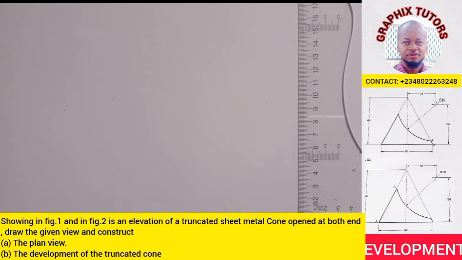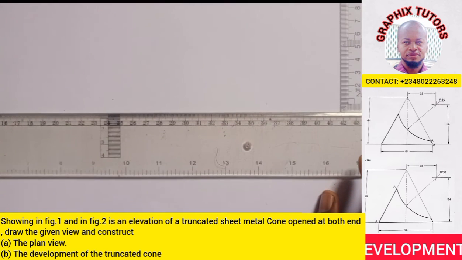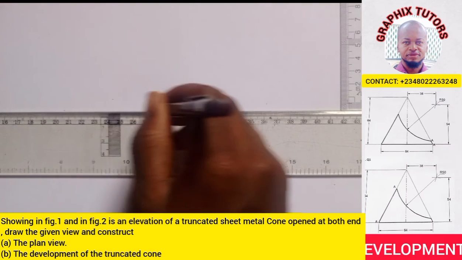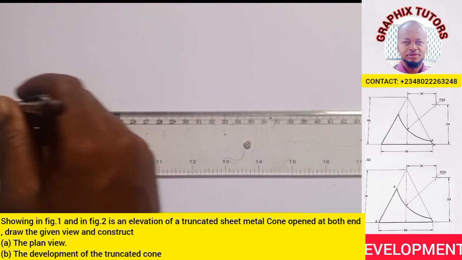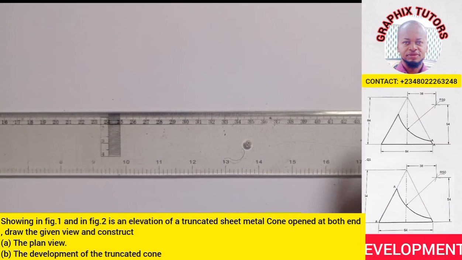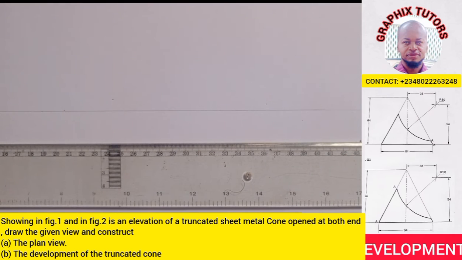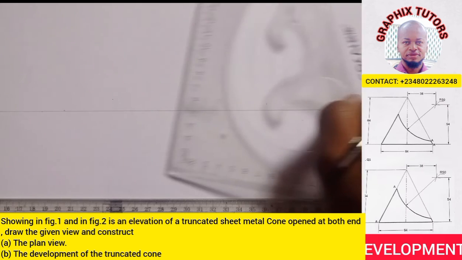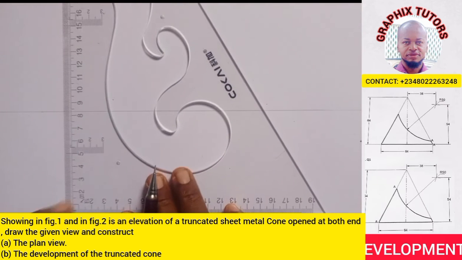Now, the first thing you do is to draw your horizontal axis this way. I'll be doing them simultaneously. Then you will draw the vertical axis this way.